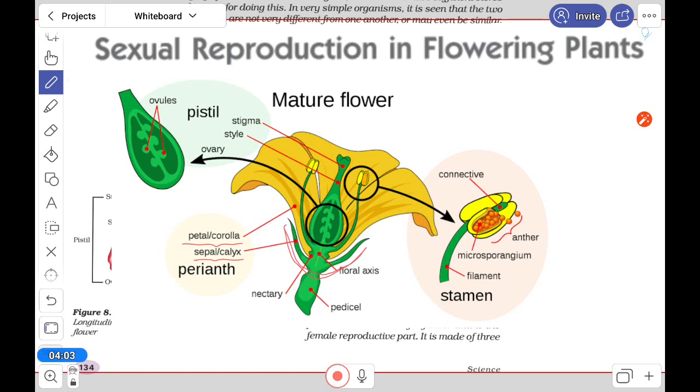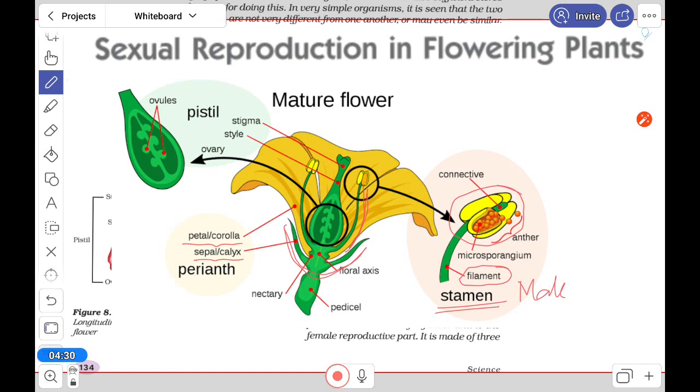Okay. Now come here, first the male part, that is the stamen, also known as androecium. So this is the male part. Look at here. Here you can see the two parts: the filament, the stalk-like part, and the anther.